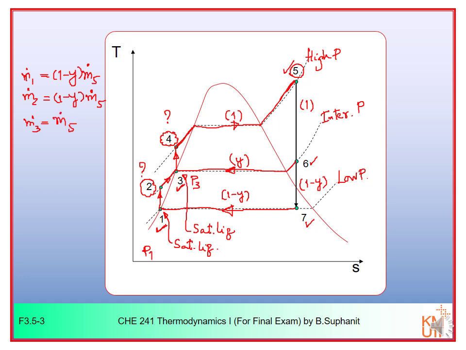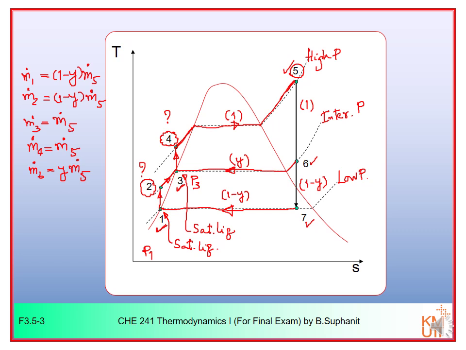It became the full fraction now. m4 is also equal to m5. m6 is the mass flow rate that we withdraw at intermediate pressure from the extraction turbine. m6 would be equal to y m5.